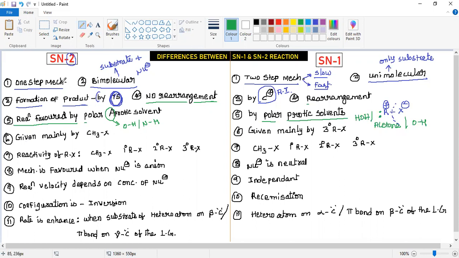Next, the SN2 reaction is mainly given by methyl halides. That means the reactivity, so this is the order.